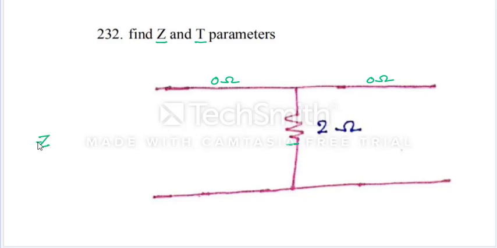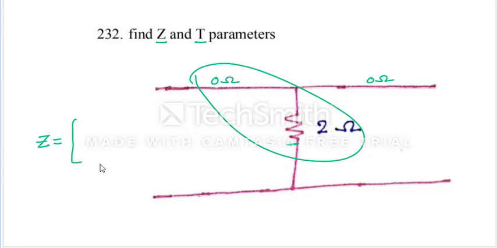So can I write the Z matrix from this network? Tell me Z gains, sum of these two. So that is 2. This is 2, 2, 2 now here. We have Z parameters.